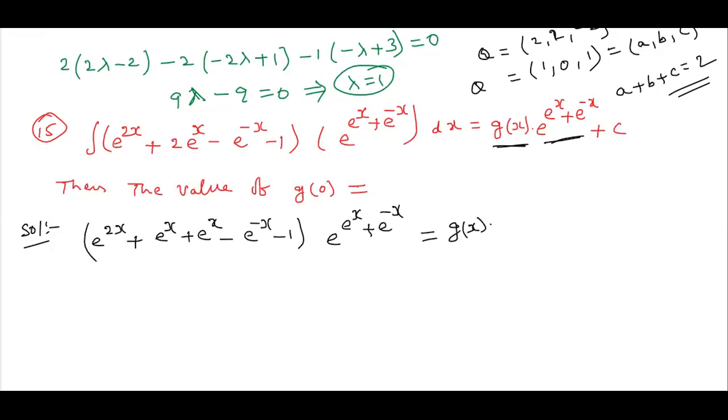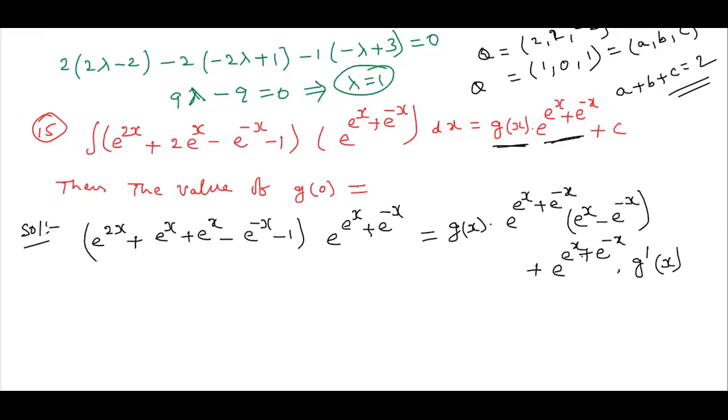Now derivative of e power x plus e power minus x, that is the internal derivative. E power x derivative is e power x. E power minus x derivative is minus e power minus x. Plus here, e power x into, sorry, plus e power minus x constant. G of x derivative is g dash of x.